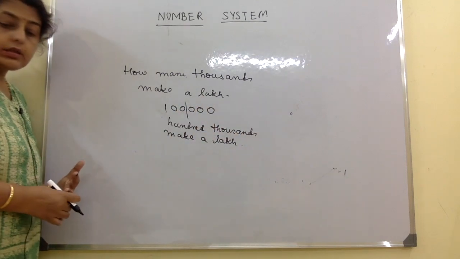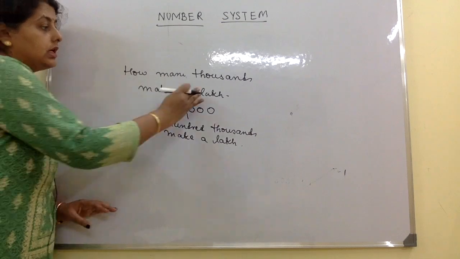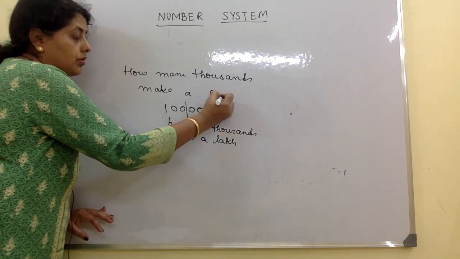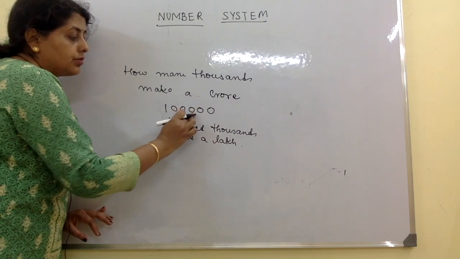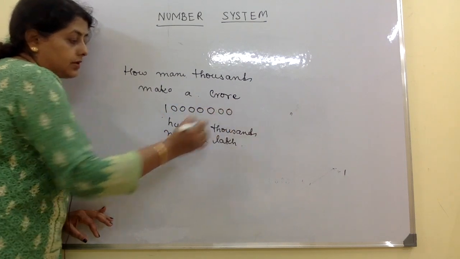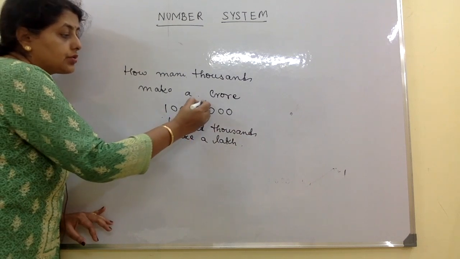How many thousands make a crore? I'll just change this to crore. A crore means 1, 2, 3, 4, 5, 6, 7, a 1 and 7 zeros. How many thousands?